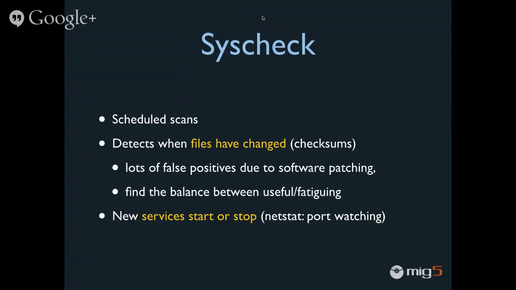You do get a lot of false positives if you are a good person and are regularly patching. So hopefully you get a lot of notifications about binaries changing, but it's because you just patched the previous day or something. So there is a bit of noise. You have to find the balance between what's too noisy and develops monitoring fatigue, where you just stop reading the emails because you don't have time, and what's actually useful.